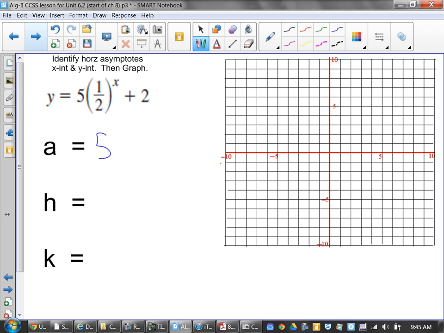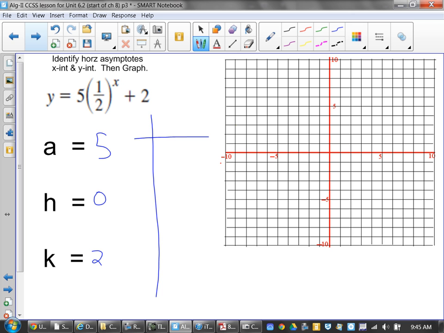So knowing that the A value is positive, you could probably tell right away which of the two graphs it should look like. The going up and to the left? All right, I agree. What's my H value? 0. And the K value? 2. So to these problems, we know that there's not going to be any horizontal shift, but everything is going to be moved where? Up. How much? 2.